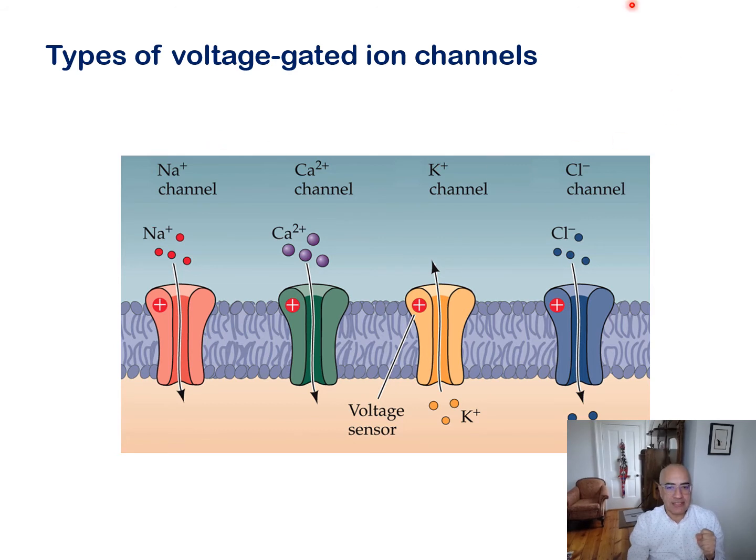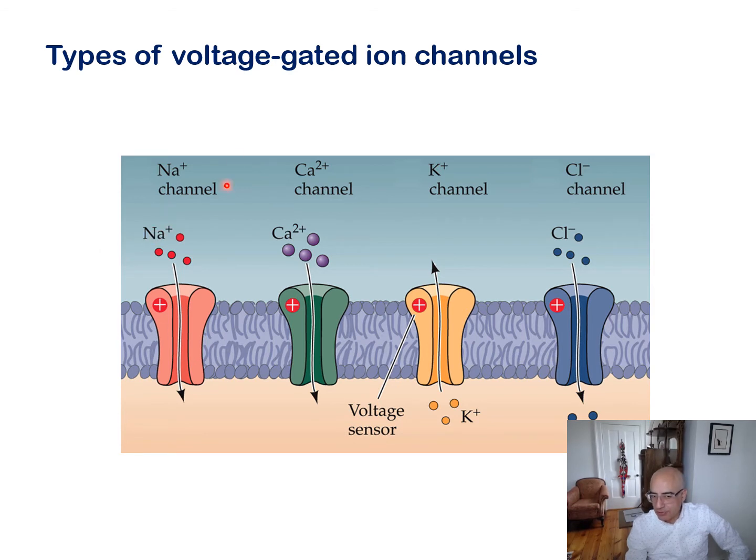This slide shows you different examples of voltage-gated ion channels. All of these channels are voltage-gated. They all open by voltage inside the cell going up. But this type only allows sodium to move through the channel. This is a calcium channel, which only allows calcium to go through. This is a potassium channel, which only allows potassium to go through, and the chloride channel only allows chloride to go through.